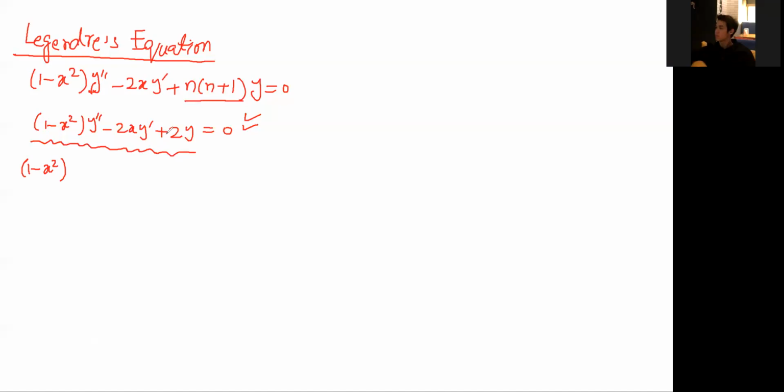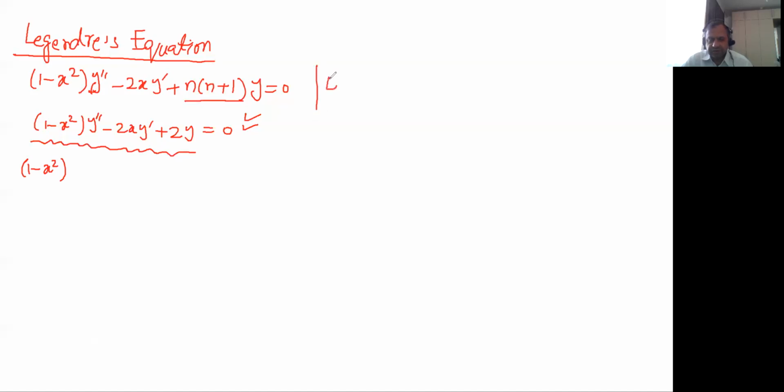Sorry, why was it n multiplied by n plus 1? Oh, we can take different values of n. For example, let n be equal to 1, then n into n plus 1 will be equal to 2. Legendre's equation is a whole set; it depends on the value of n.